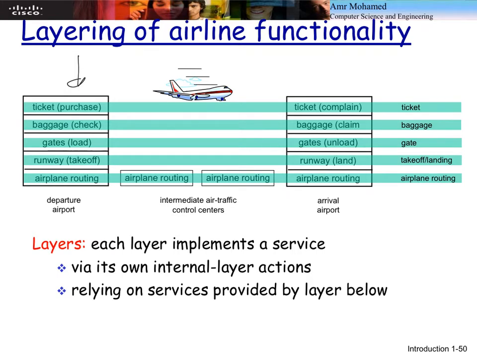If I were to travel, first I have to purchase the ticket, and then after purchasing the ticket, I have to go to the airport, do the baggage check-in, and then go to the gates, and then from the gates I have to get to the airplane, and the airplane goes through the runway, and then from the runway the airplane will go through the air, and then here we're talking about some intermediate airports or intermediate points where the airplane may land in a specific airport, and whether you get to go out of the airplane, or maybe there is a transit that you don't have to get out of the airplane.